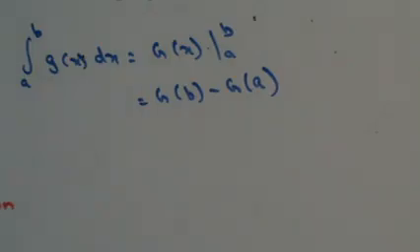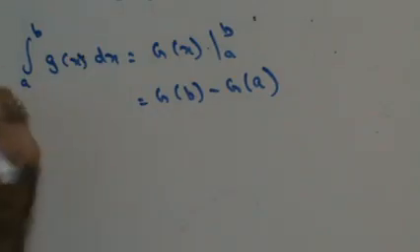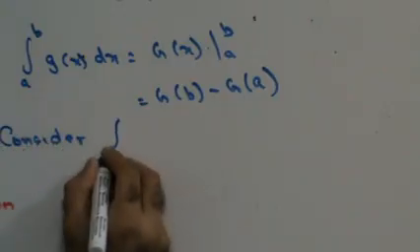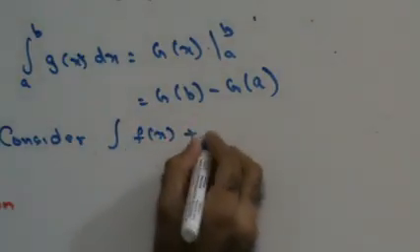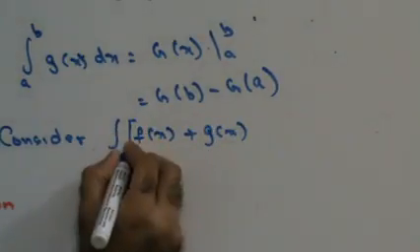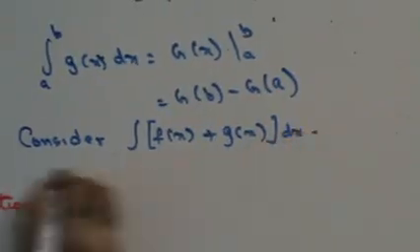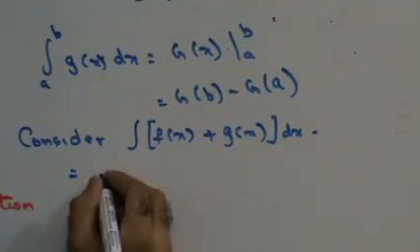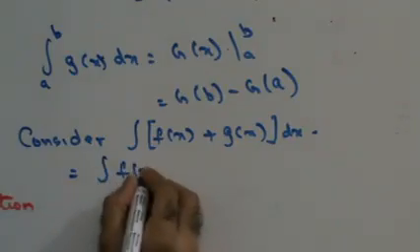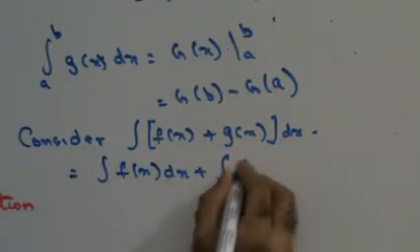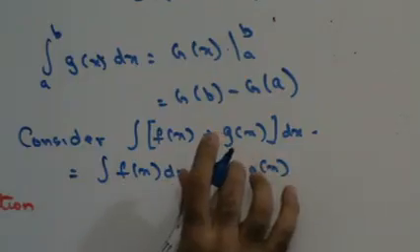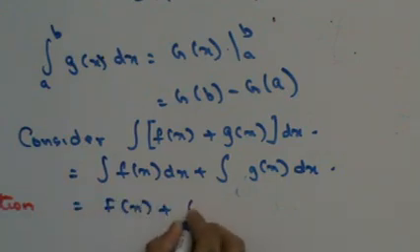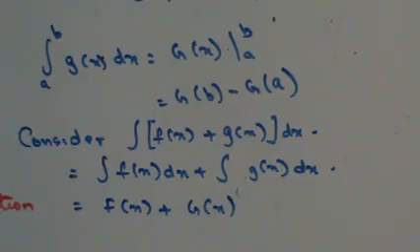Once we have this, I can start with my left hand side. First, without the limits, consider the integral of f of x plus g of x with respect to x. Now, from indefinite integrals, we know that this should be equal to the integral of f of x with respect to x plus the integral of g of x with respect to x, which would be nothing but F of x plus G of x, right?